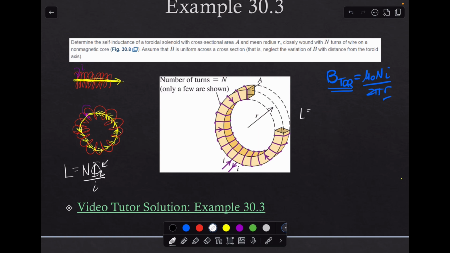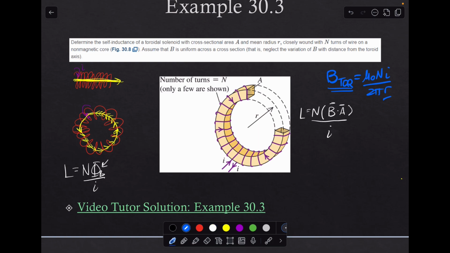So if we rewrite that over here, number of turns, and then the flux is the magnetic field dotted with the area, over the current through the wire. So the question is, what is the magnetic field of a toroidal solenoid? And what is the area that this magnetic field is penetrating?